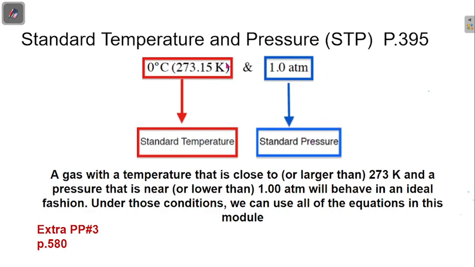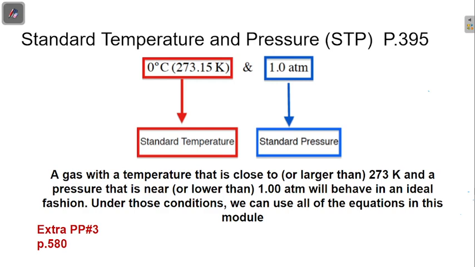Sometimes they will not give you the information in numerical form. They'll just say STP. So you need to memorize what that means. It means 1 atmosphere of pressure and 0 degrees Celsius, which is 273.15 Kelvin.